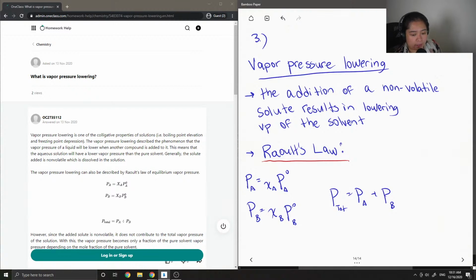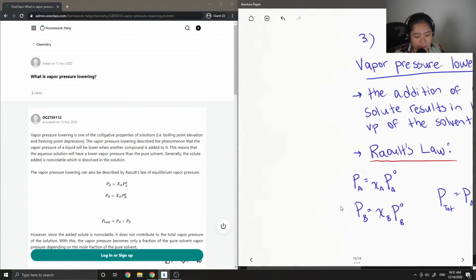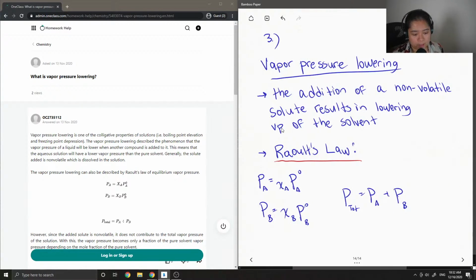So you can see how, depending on how much of the other substance there is, this will affect the overall pressure, the new pressure of the solute and the solvent.